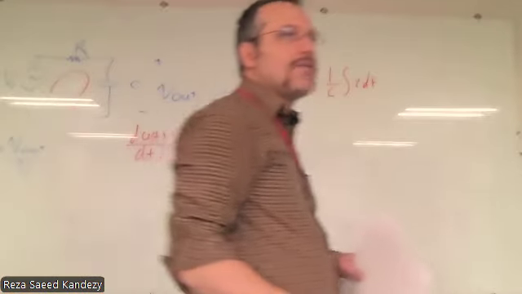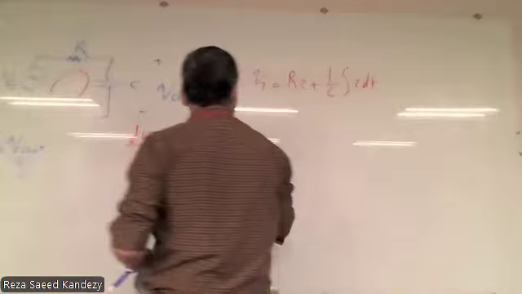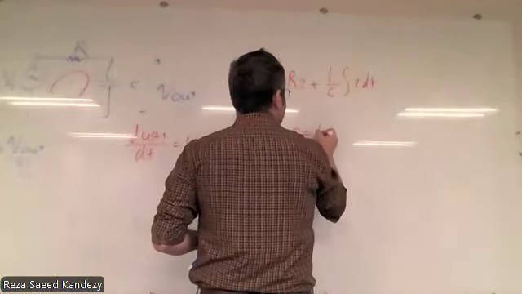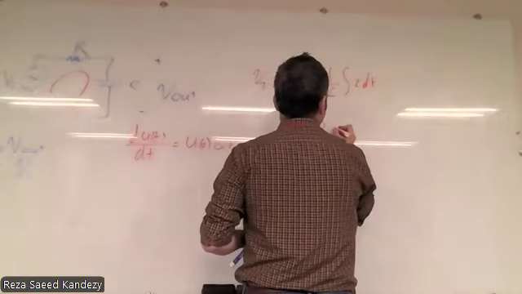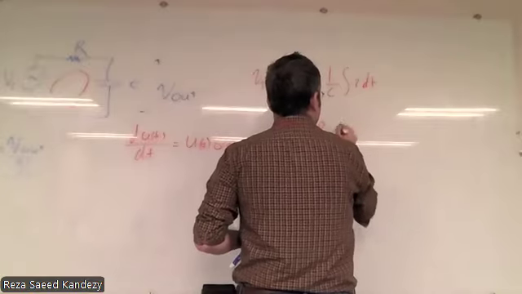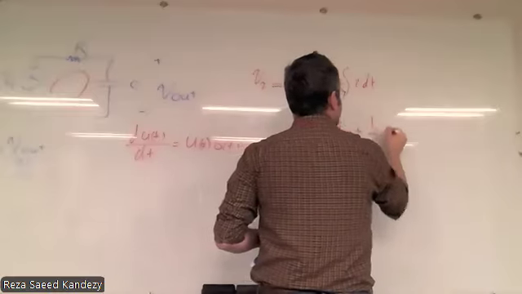Based on our assumption that the initial condition is 0, the differential of the input is going to be 0. So we have 0 equal to R times di over dt plus 1 over C times I.